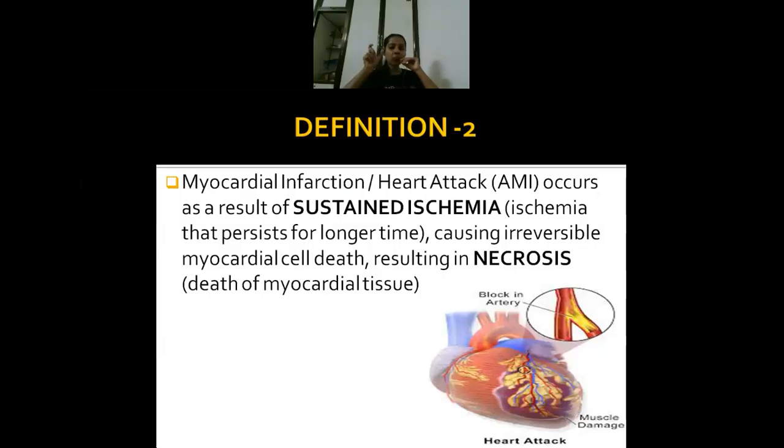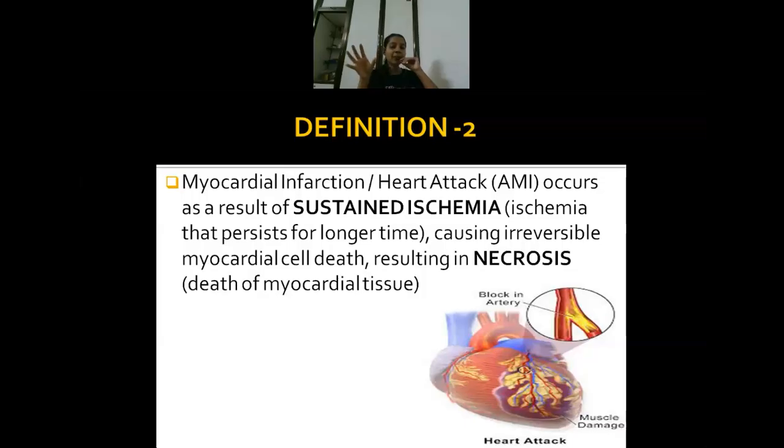It is not reversible, but irreversible myocardial cell death, which further results in necrosis or death of the myocardial tissue. So in any segment or any branch of the coronary artery, where there is complete obstruction and interruption to the blood flow, that part of the myocardium can become necrosed.